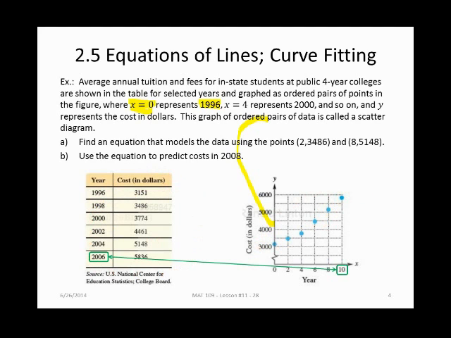Instead, we're going to use 0. And then for every year later than 1996, we're going to add 1 to this 0. So 1997 would be x equals 1, 1998 would be x equals 2, and so forth. So 2006 would be 10.